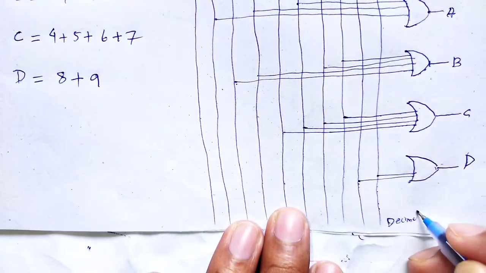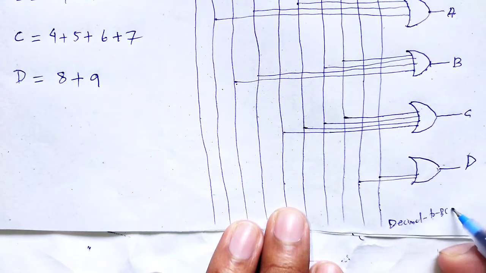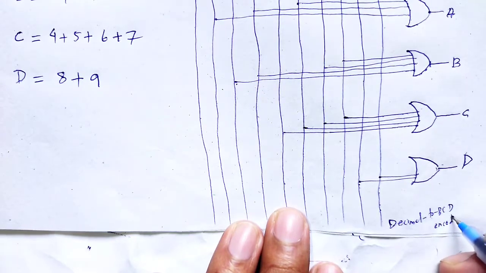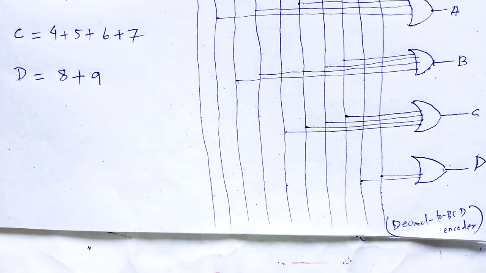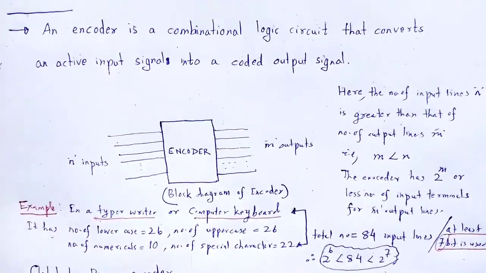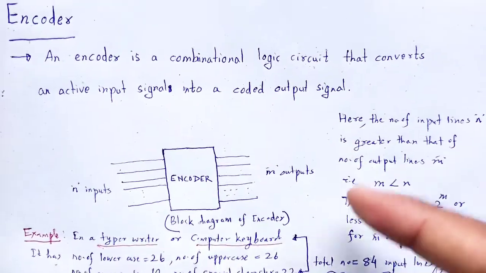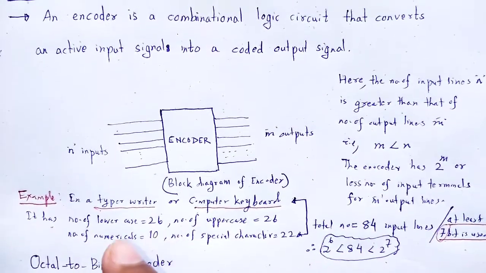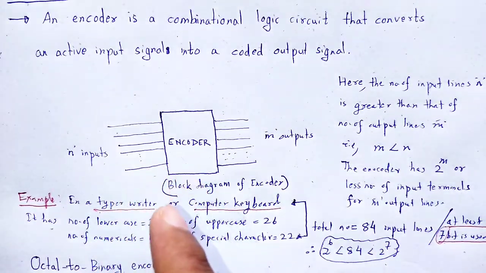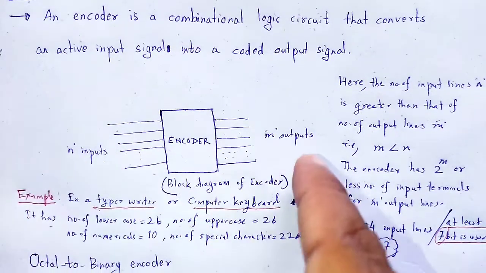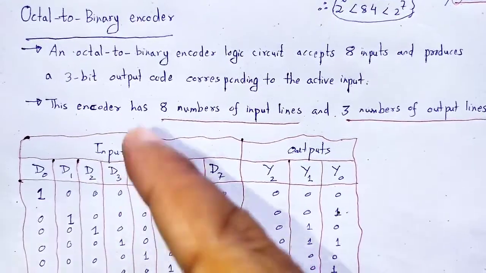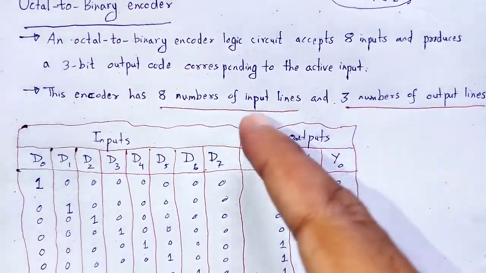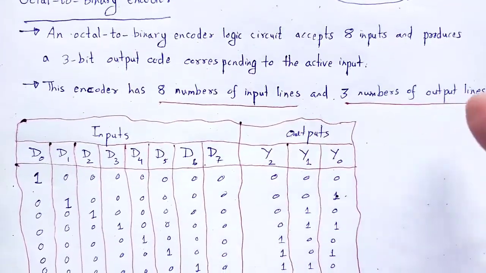Here, with the help of this video lecture, you understand the idea of encoders: what is an encoder, an example of an encoder, and the possible conditions for input lines and output lines. Two kinds of encoder: the octal to binary encoder has 8 inputs and 3 outputs.